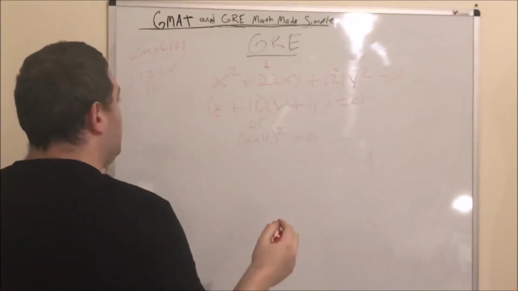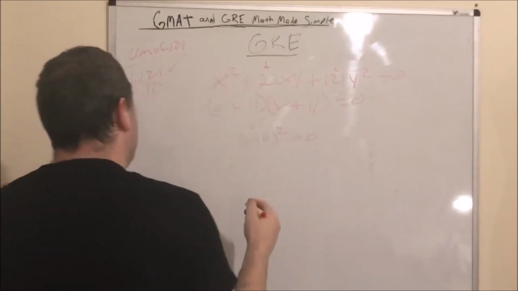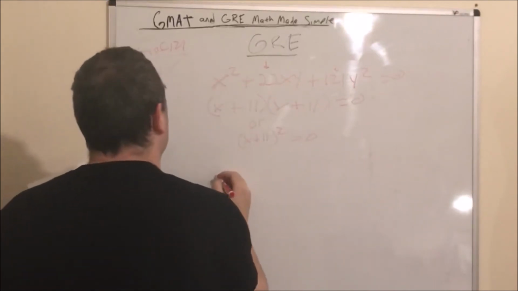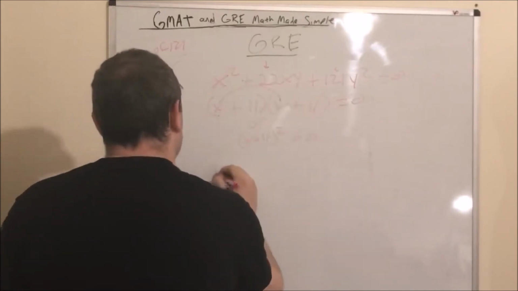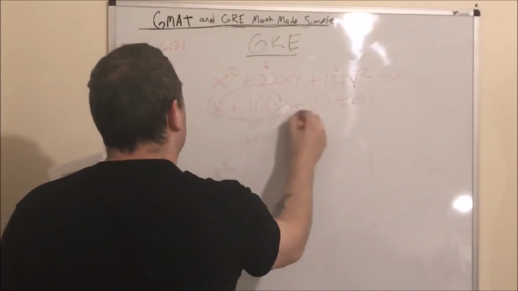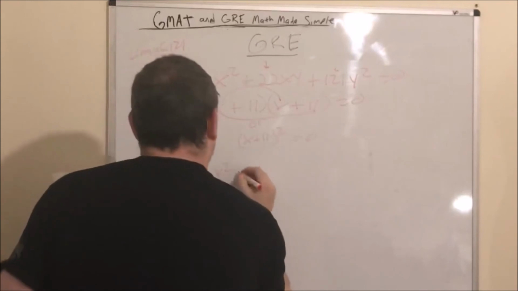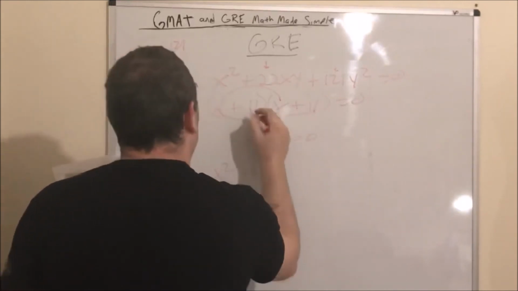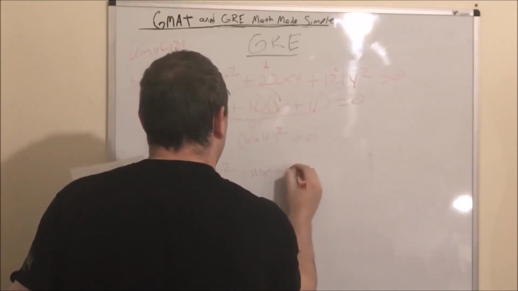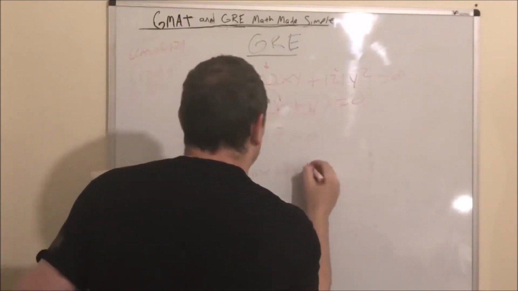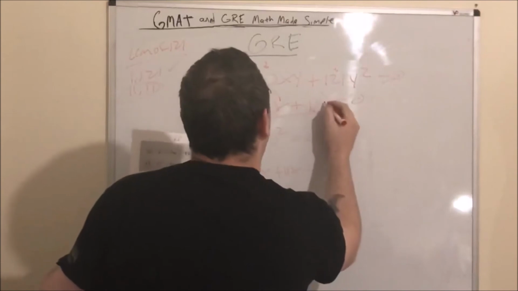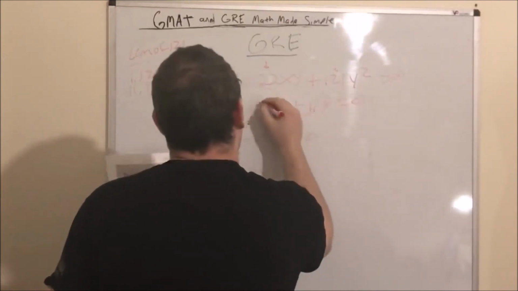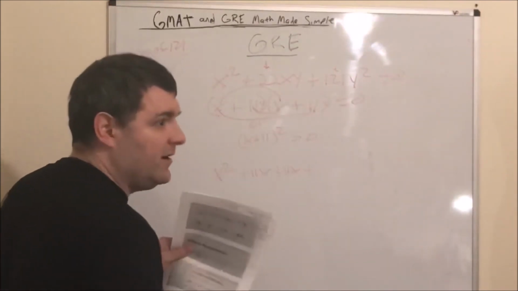Now if we want to figure out whether this is the right answer, we'll do the actual multiplication. x times x is x squared, then x times 11 is 11x, then we have 11x in the middle, plus 11 times 11, which is, oh, I forgot to put in the y. Don't forget the variable, because you'll get it wrong.